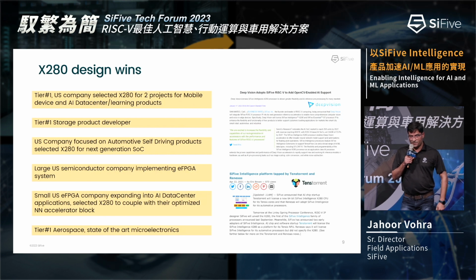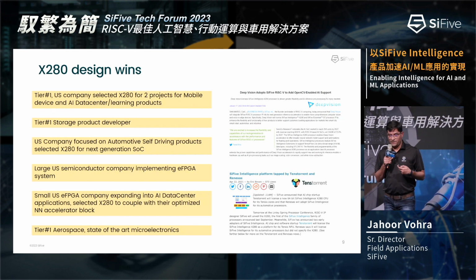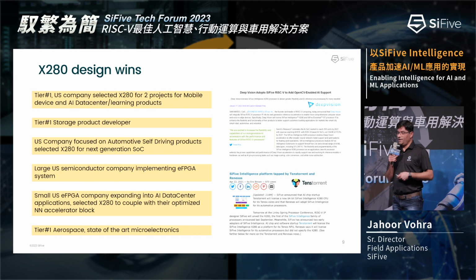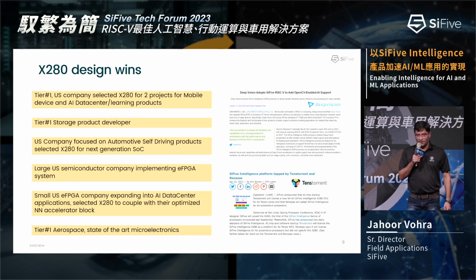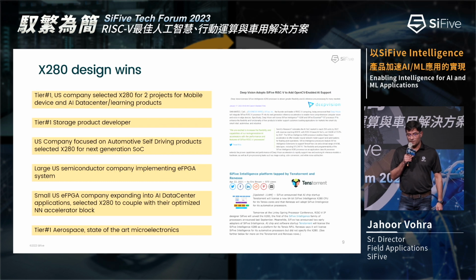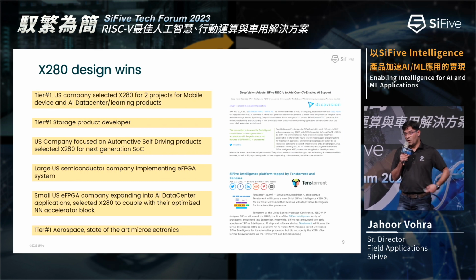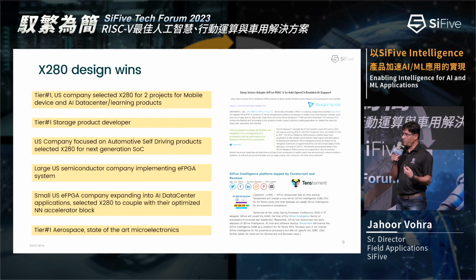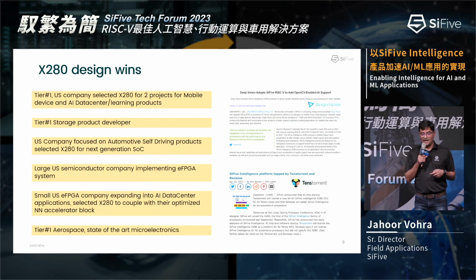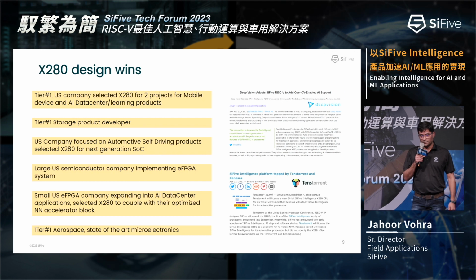So this slide demonstrates the activity and the design wins that we have with the X280 in a variety of different markets. So if you look at the first one, today the X280 is used, for instance, in mobile devices, where customers are using it for a lot of computer vision, image processing, and image enhancement type applications.